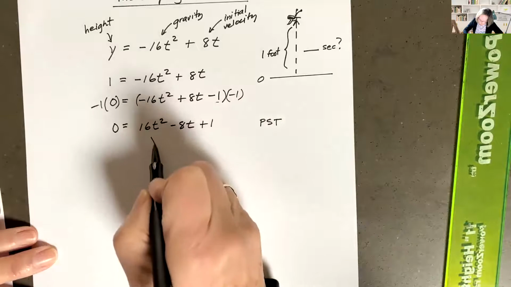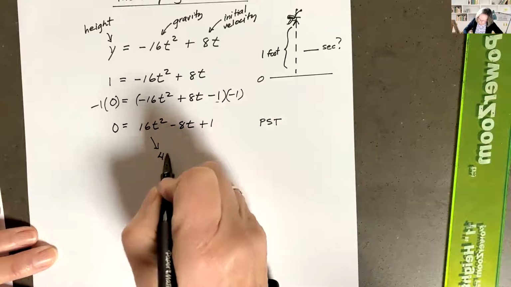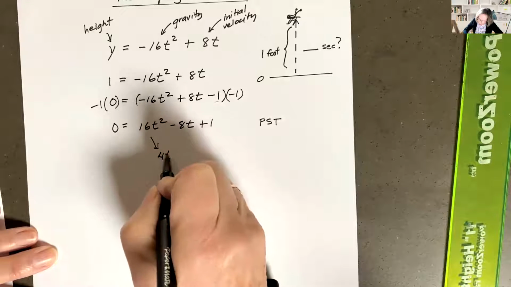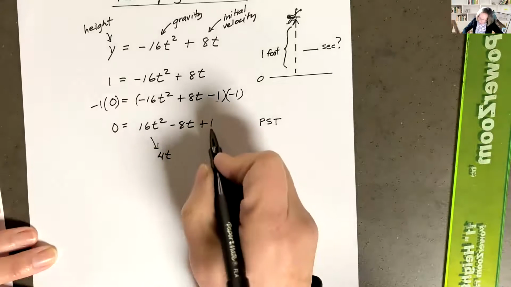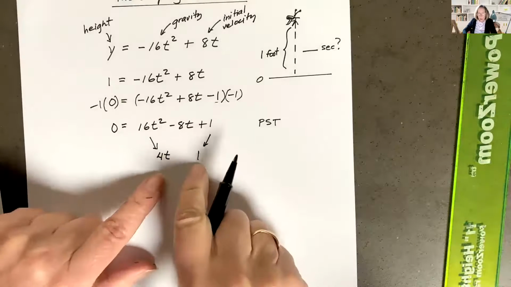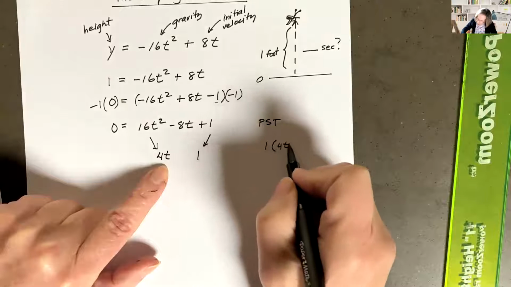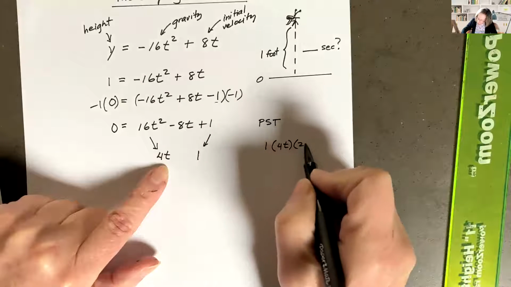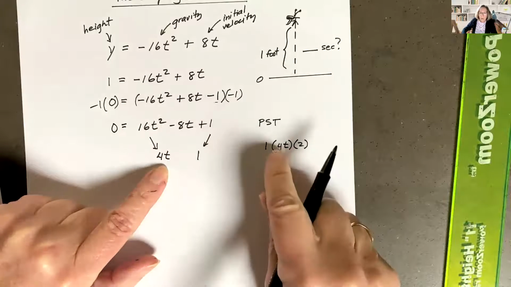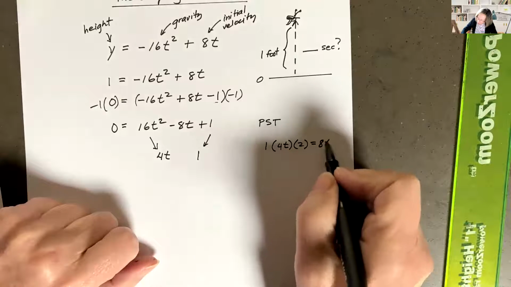So let's look. The square root of 16t squared is a 4 for the 16 and a t for the t squared. The square root of 1 is a 1. If I multiply these together, 1 times 4t, and double it, times 2, do I get the middle term? 4t times 2 is 8t, and I do.